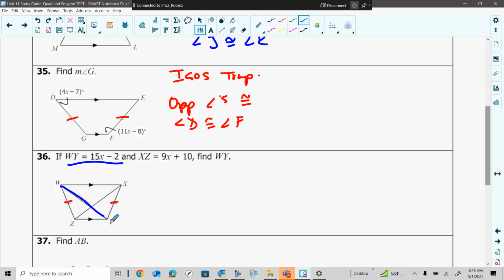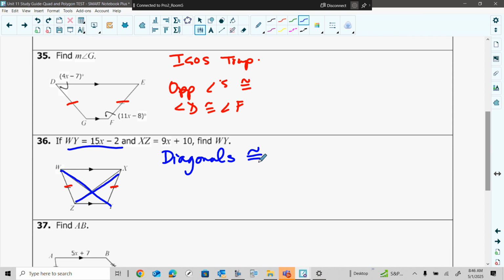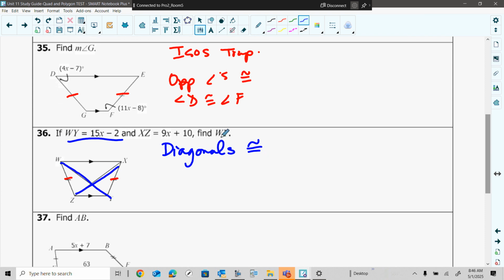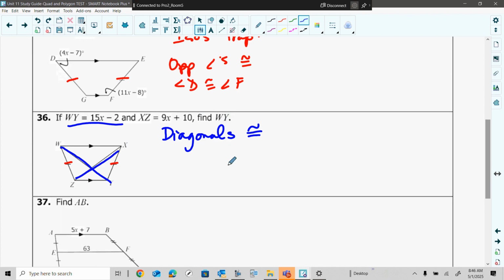And here they're talking about the diagonals. The diagonals are congruent in an isosceles trapezoid. Make sure you find this segment.